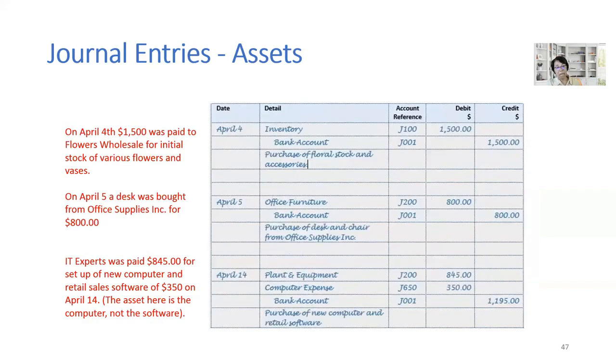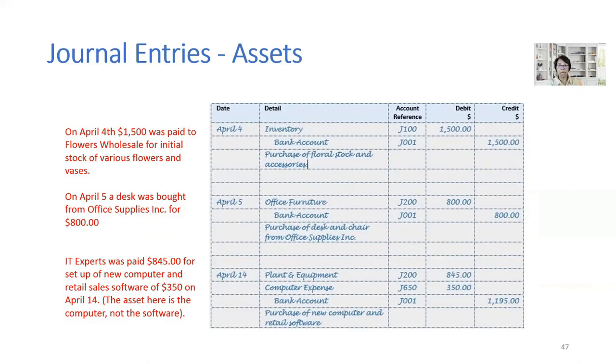Now, sales and expenses are all done in QuickBooks. It's called behind the scenes. So you're not going to see this until we get to journal entries, because QuickBooks automatically makes the journal entries for you.